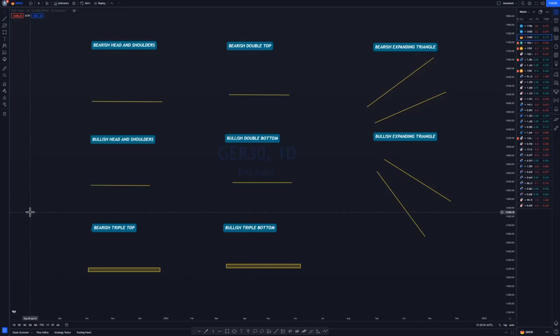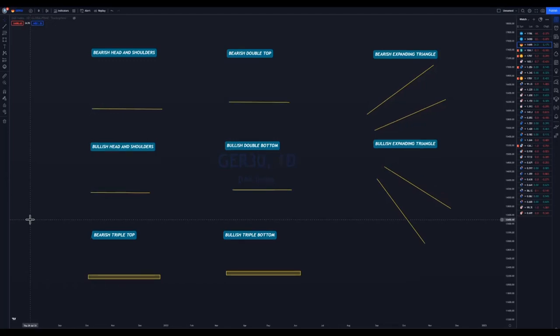So today I will be talking about 8 reversal patterns that are found in the markets that are still profitable today. The first reversal pattern that we find in the market is called a bearish head and shoulder.